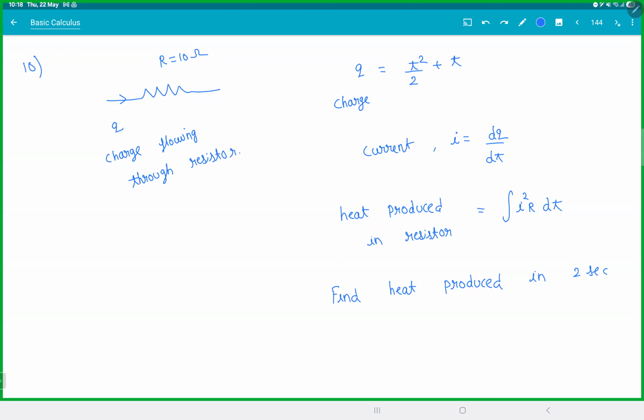We have 190 and 260 by 3. Anyone else? The 260 by 3 looks more interesting. Could be right. We have one more, 98 by 3. That is also fine. I'm not getting a feeling you'll get a round number though. By 3 आएगा करके feeling है, because there's a t square dt का integration.